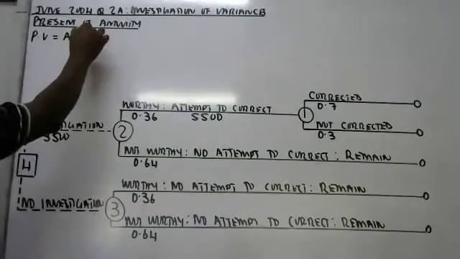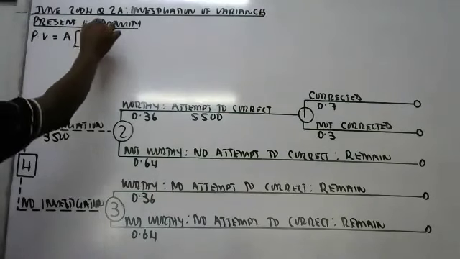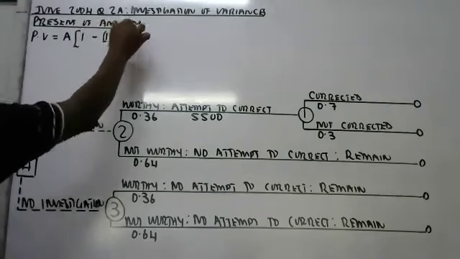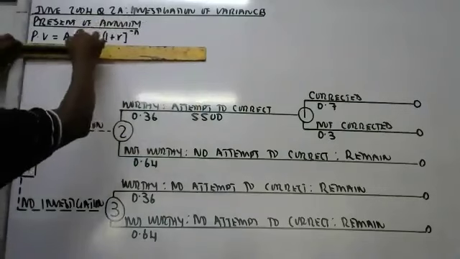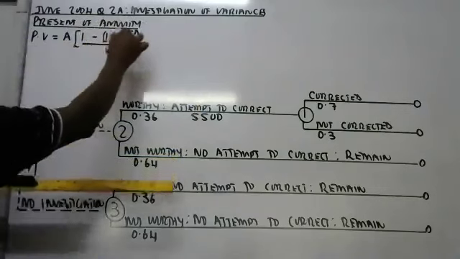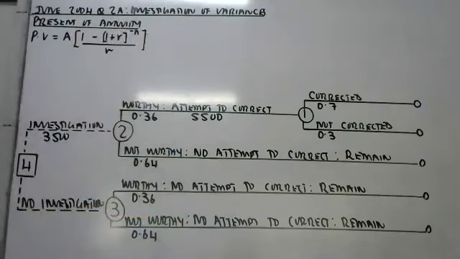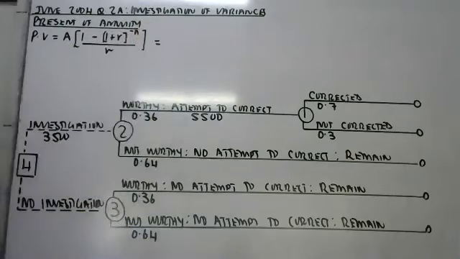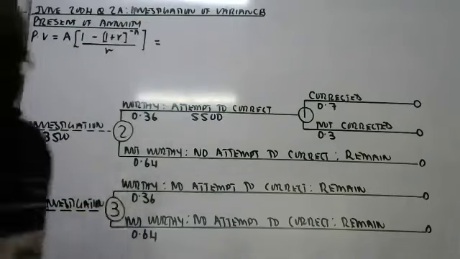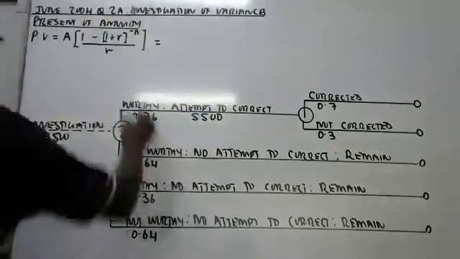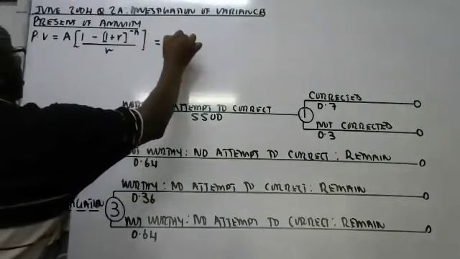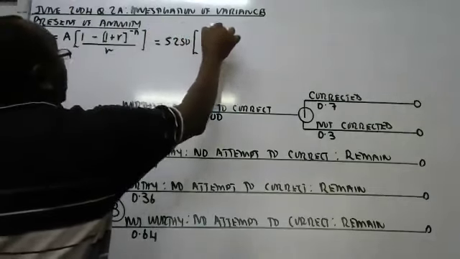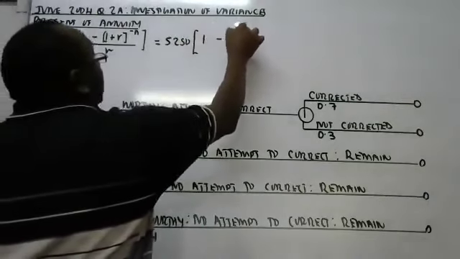One minus, raised power minus n, you divide by r. So this becomes: the amount is 52.50. You multiply by 1 minus 1 plus r.